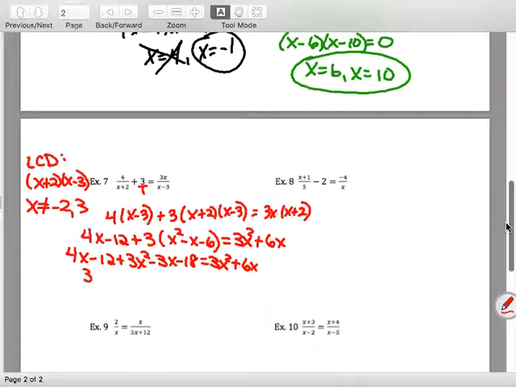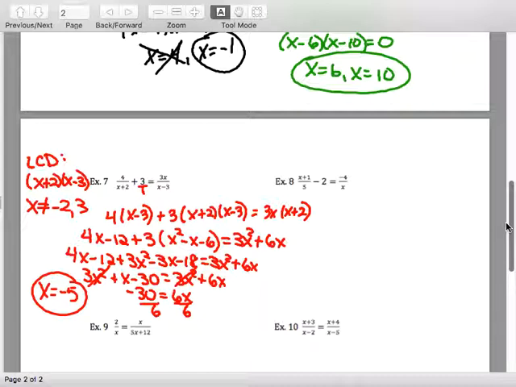Now I'm going to collect like terms and get 3x squared plus x minus 30 equals 3x squared plus 6x. What happens to 3x squared? They cancel. Good. Now I'm going to subtract x from both sides and get negative 30 equals 6x. Dividing by 6, x is negative 5.